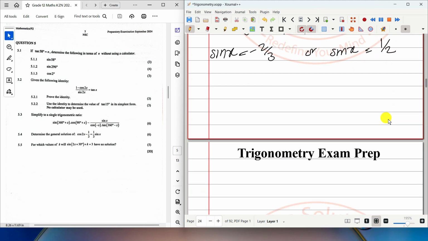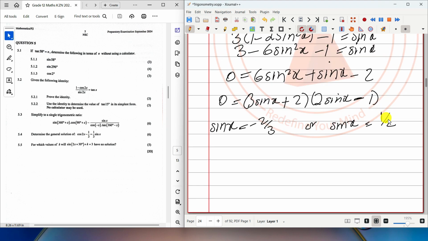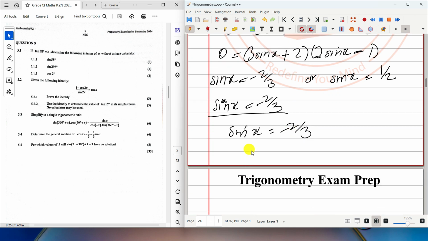Okay, because I'm sharing this screen with the question paper, I'm just going to start with 1. So let me start with sine x equals negative 2 over 3. Okay, so here we're saying sine x is equal to negative 2 over 3. Now we can say the reference angle is sine inverse of 2 over 3.